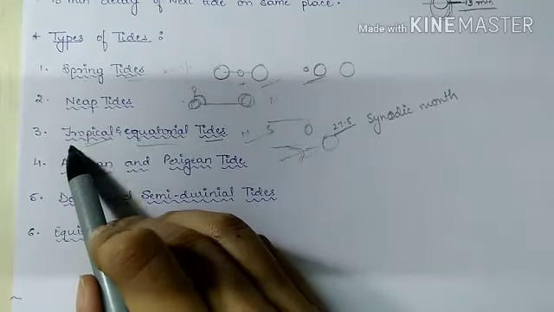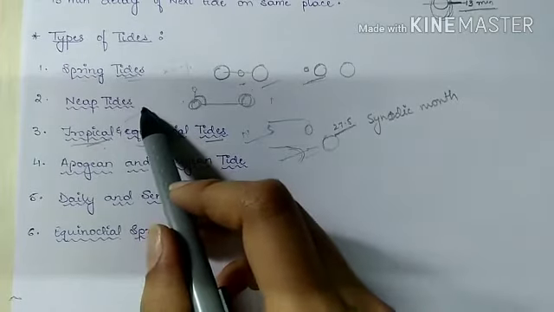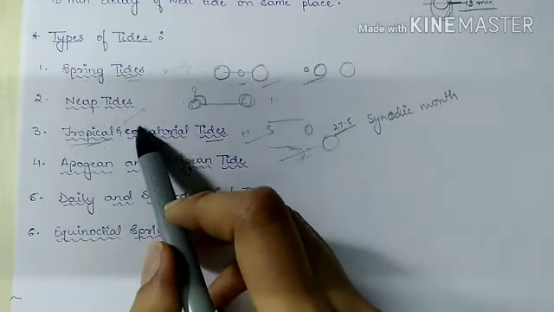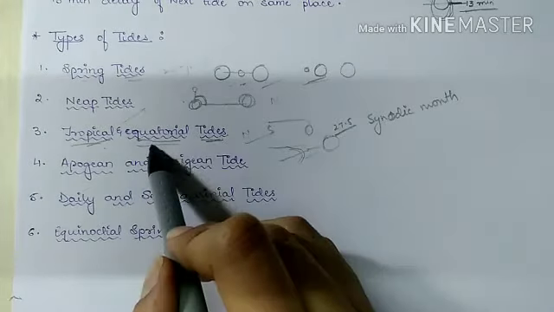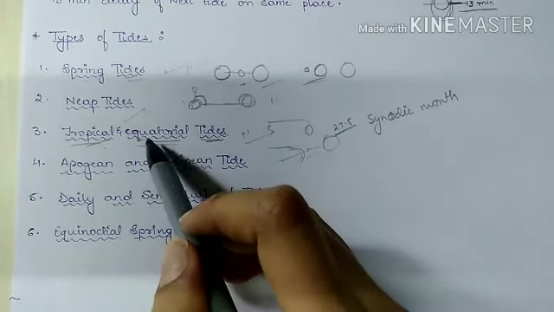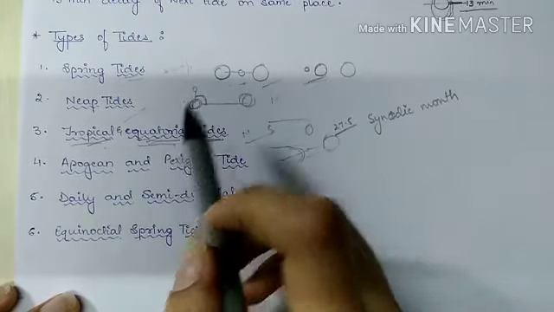So the spring tides, when they occur on tropical region, are known as tropical tides. We can have tides on Tropic of Cancer and Capricorn, and then we have tides on equatorial region. They are not classified as neap or spring tide, so they are known as equatorial tide.